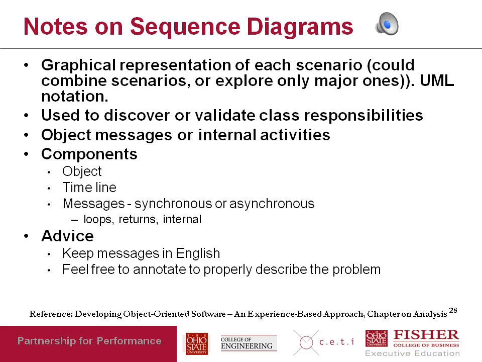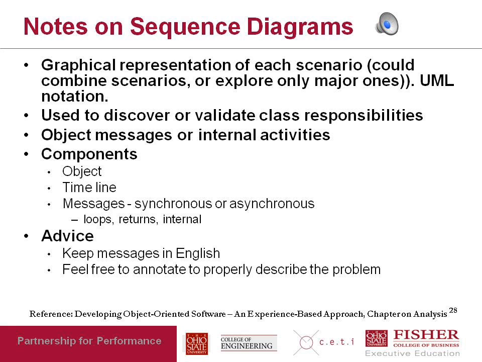You can then take the dynamic behaviors within the system, the active things that happen, and create scenarios out of them, and then create sequence diagrams that interact with the same classes that you have in your object model or class model.